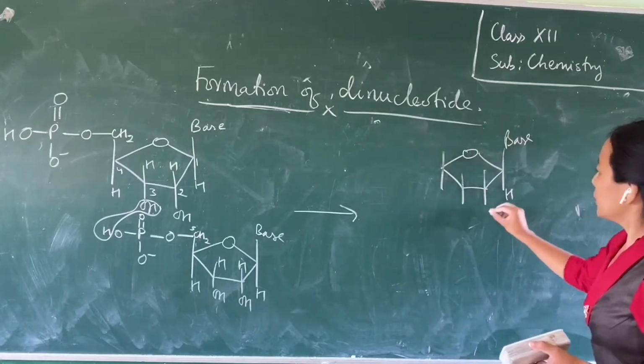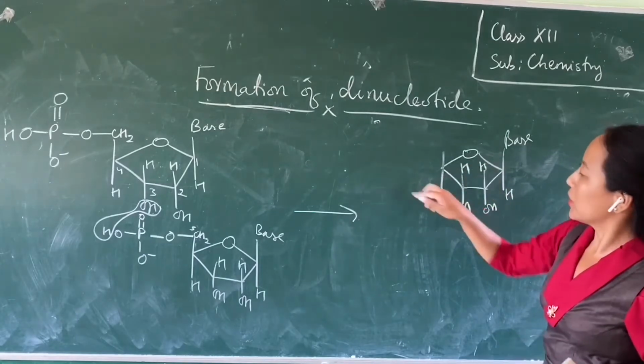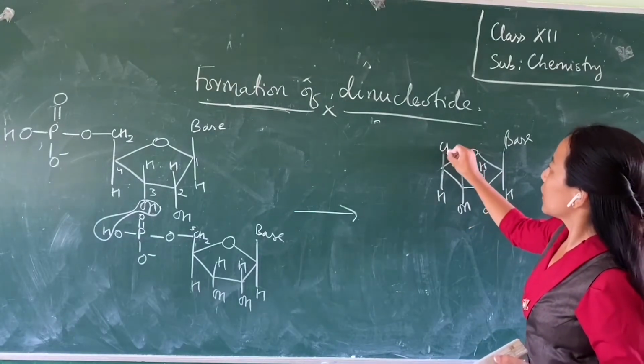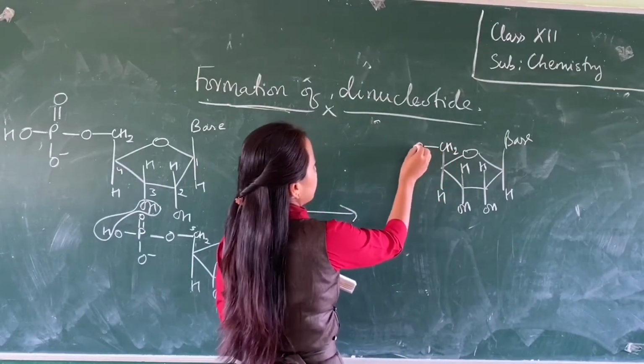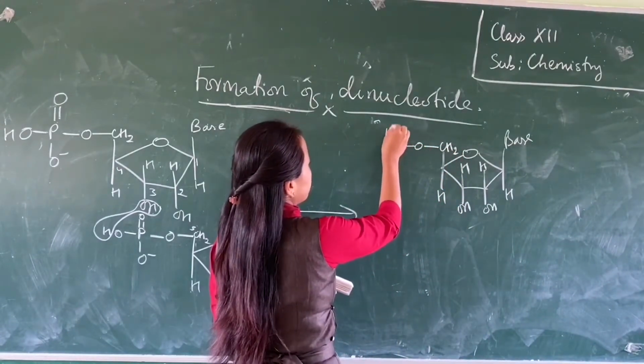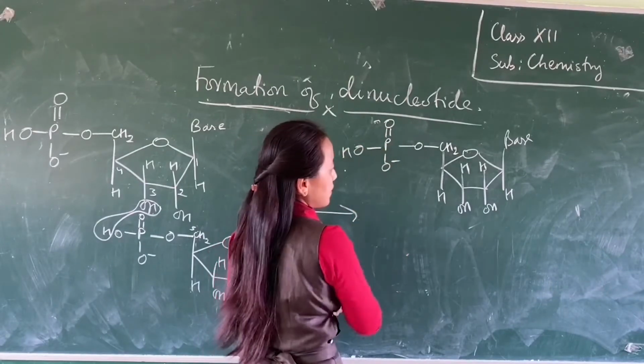base, hydrogen, OH, H, OH, H, and then you have H, then CH2, which is connected to the phosphate group through this oxygen atom, double bond O, OH, and then you have O minus.